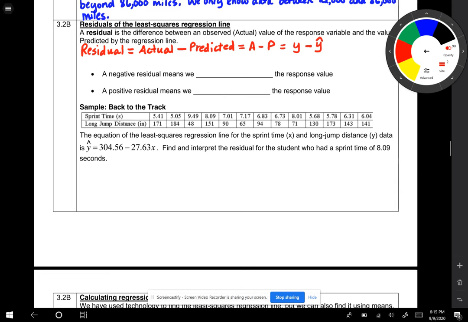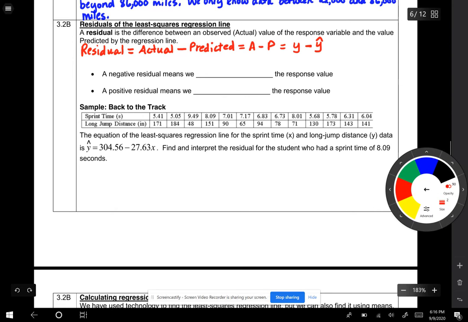So going back to our trend line. So here's the trend line, and here are some actual points. To find the residual, what we did was we drew a line from the actual point on the scatter plot, the actual value, to the trend line.